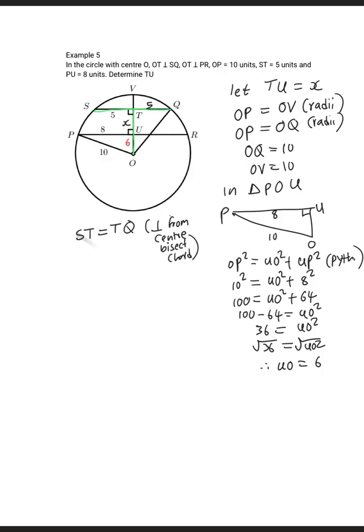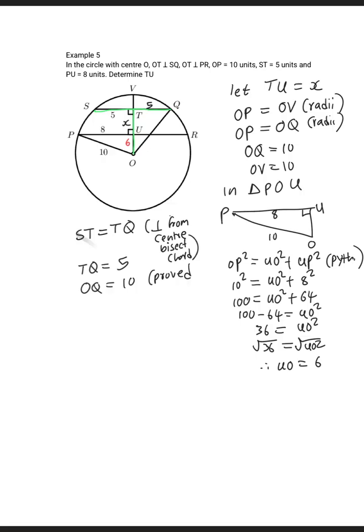So it means then we have that TQ is also 5. So TQ is 5, and then OQ is equal to 10. This one was proved, right? Therefore, we can now say that OT.